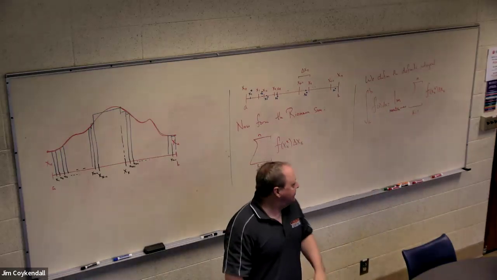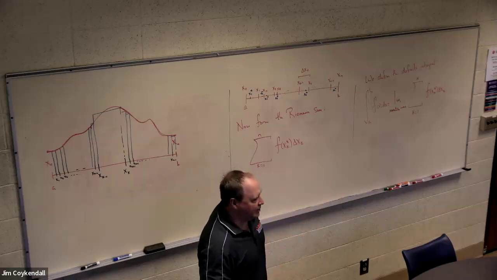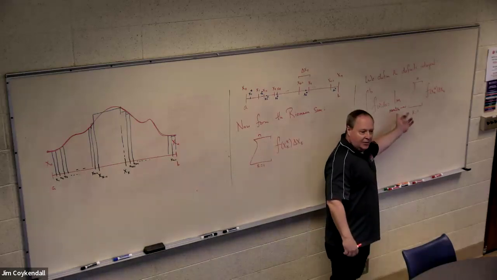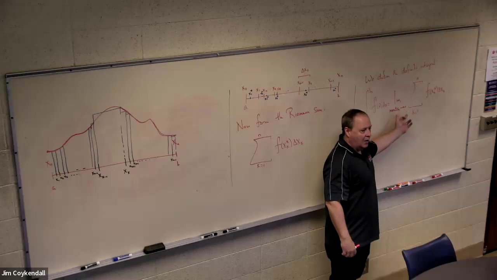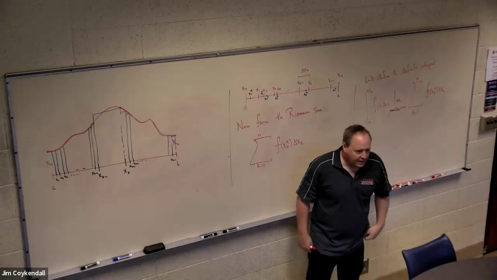This limit means the maximum thickness is going to zero. What this is doing is forcing all the boxes to be skinny, because what this is saying is even your fattest box is getting skinny. It's going to zero, right?